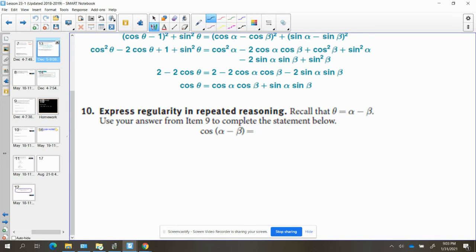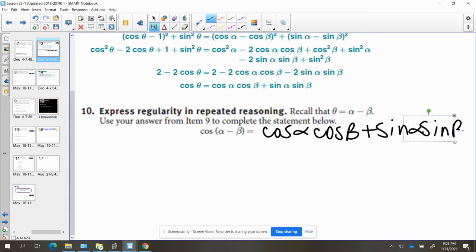And what the formula basically comes out to be is that the cosine of alpha, or x if you want to call it that way, times the cosine of beta, or y, plus the sine of alpha, or x, times the sine of y, beta, that is what cosine of alpha minus beta, or x minus y, would be.